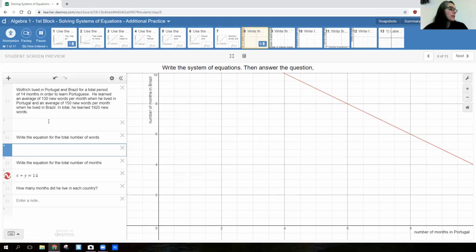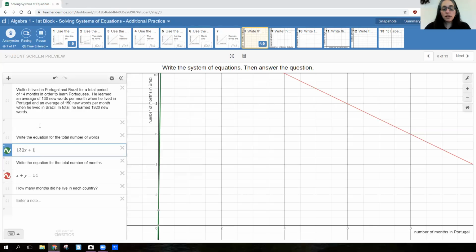So it says up here, he learned 130 new words per month when he was in Portugal. So you would type 130x. Every month he was in Portugal, he learned another 130 words. So 130x, plus, he learned 150 words per month in Brazil.